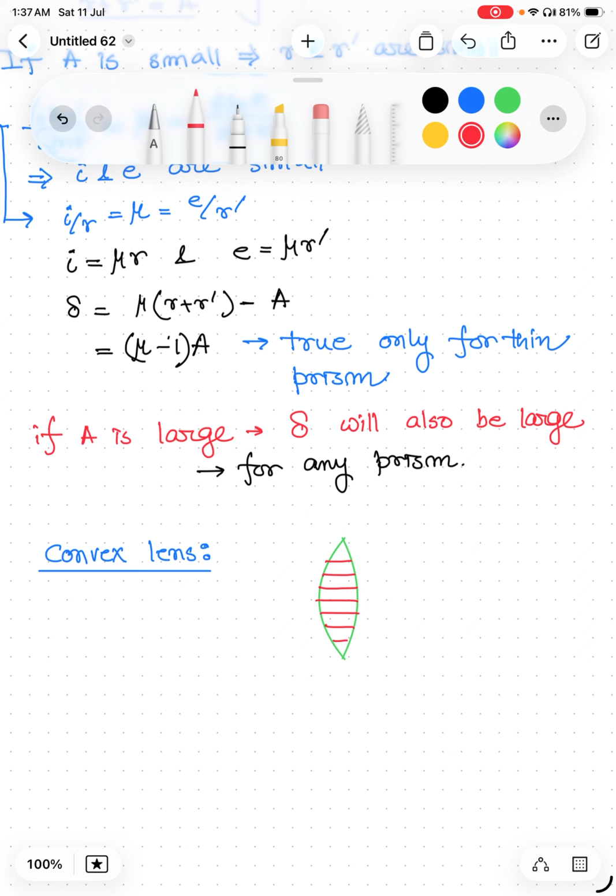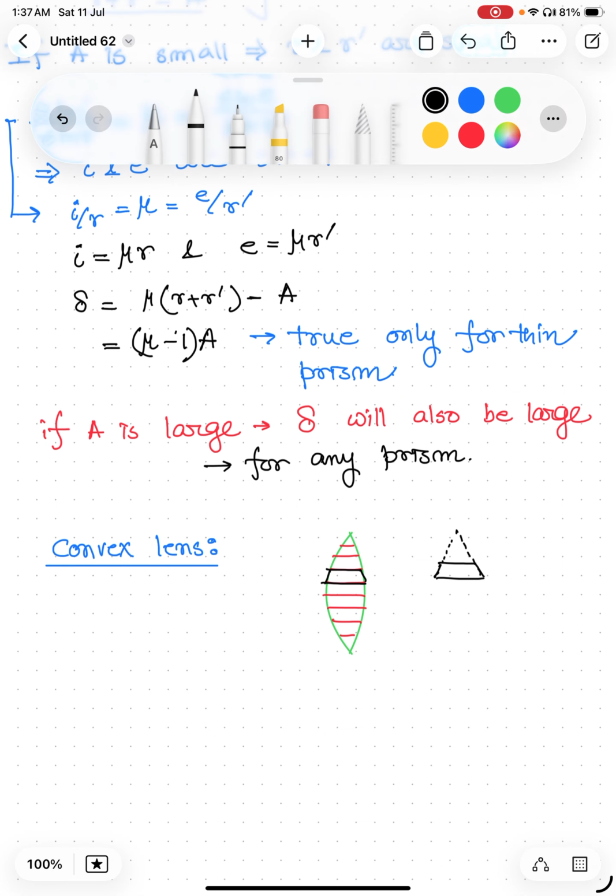And if I look at any part, suppose I take this one, I can think of this as a prism. Why? Because if I extend this, it is going to meet at a certain point. So this becomes a prism, and it's just a broken prism.